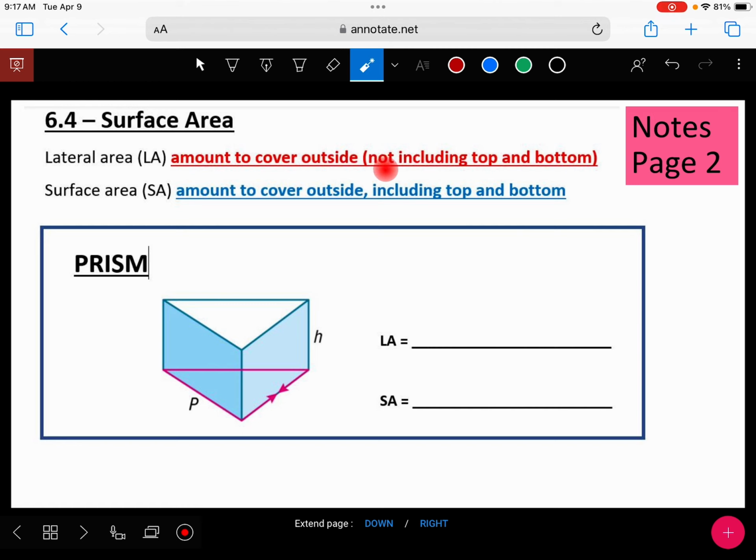So think about wrapping paper on a present. So if I wanted to cover a box, everything except the top and bottom, that's the lateral area. But if I want to cover the entire box, that is surface area. So go ahead and copy down these 2 definitions in your note packet.